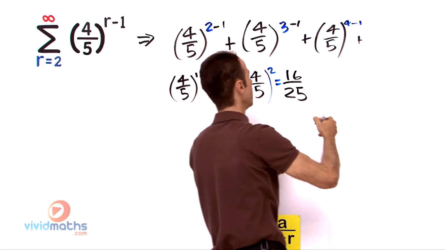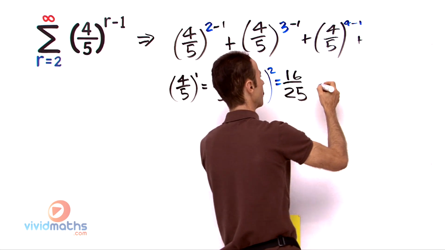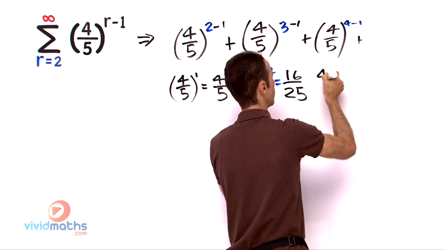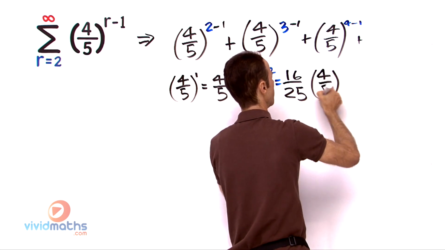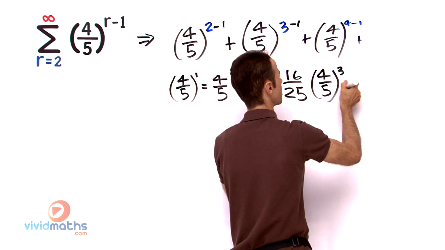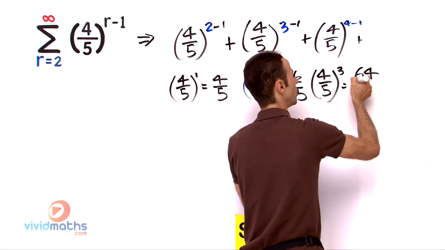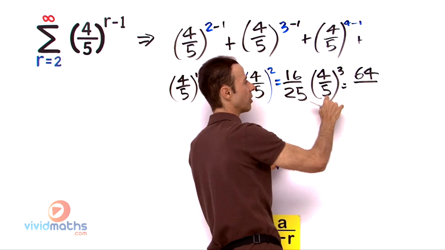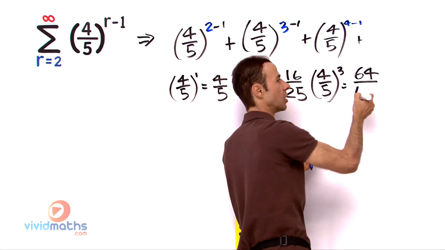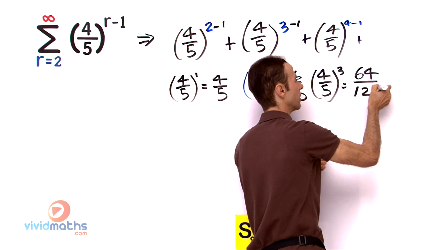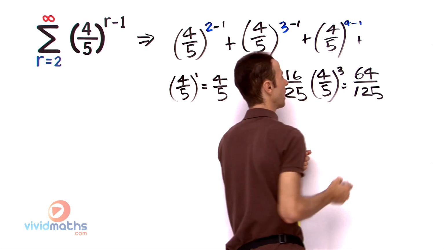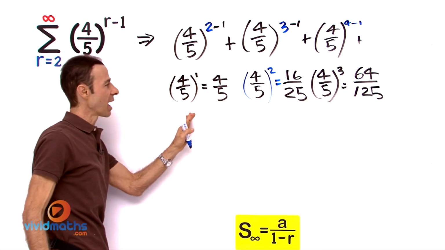And the next one over here will be 4/5 to the power of 3. And that's going to equal 4 to the power of 3, which is 64, all over 5 to the power of 3, which gives us 125. Okay, so let's write down the series on how it's going to look.